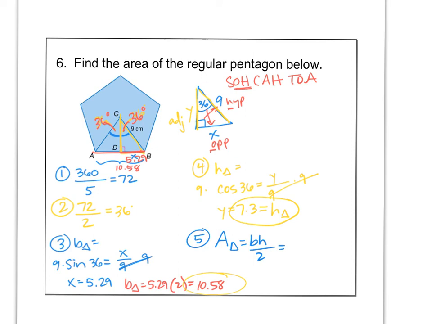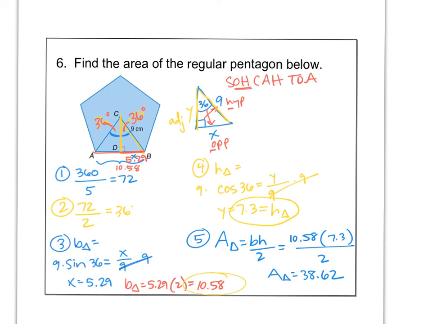So we're going to take base, which is 10.58, times height, which is 7.3, and divide by 2. And we'll type all that in, and we get the area of our triangle is 38.62 centimeters squared.